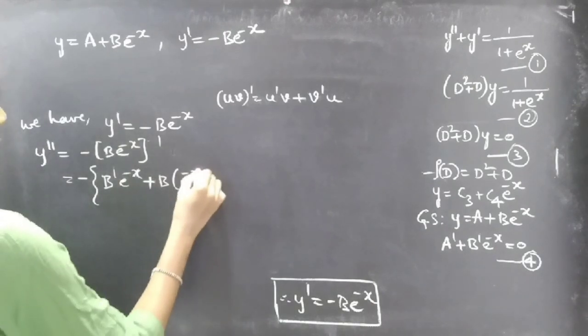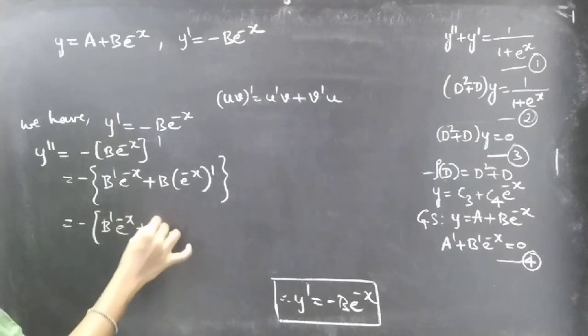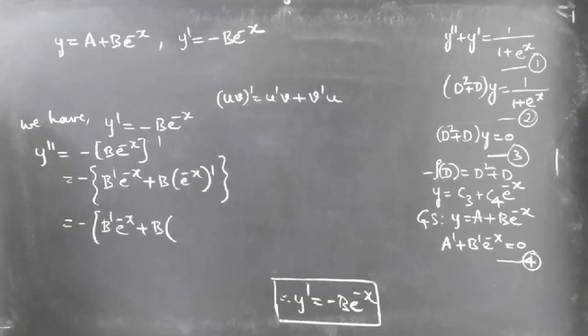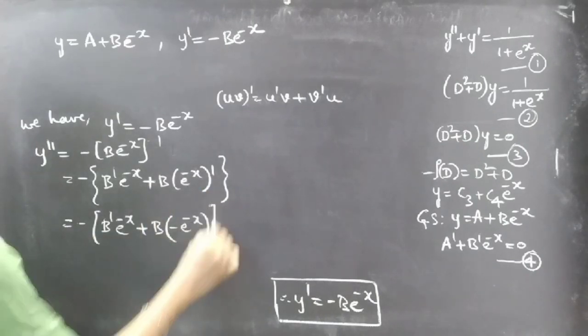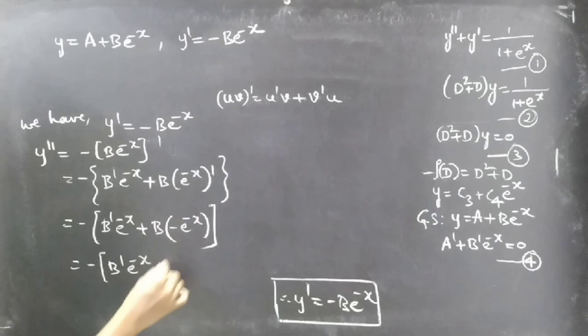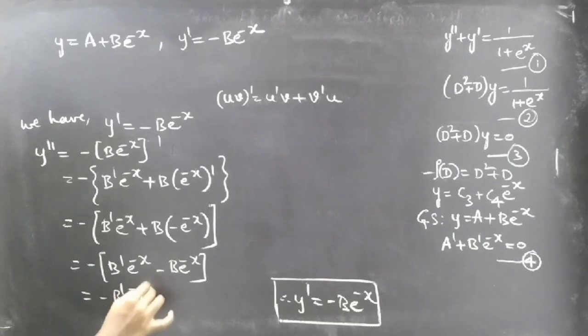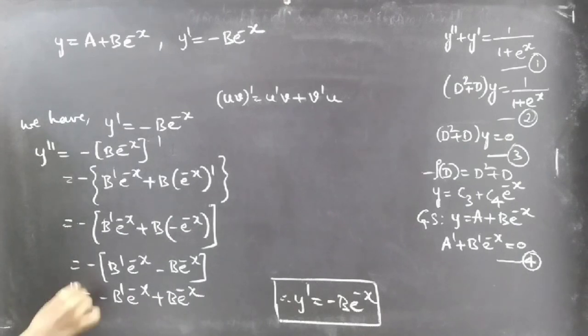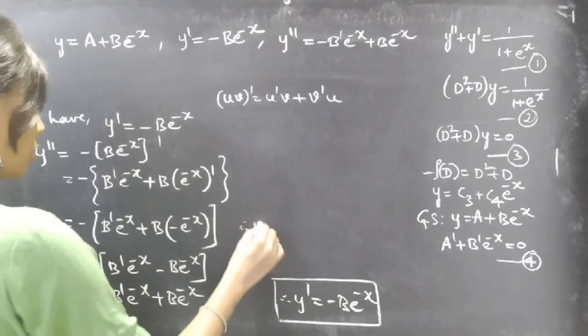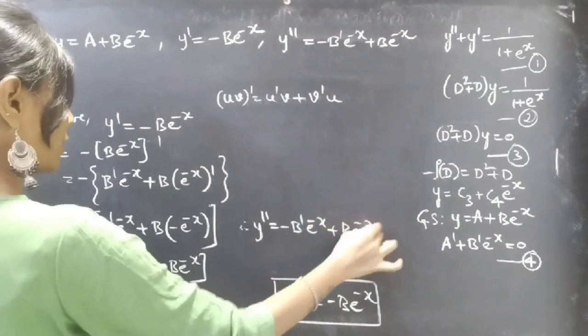Plus b into e power minus x whole dash, which gives us minus of b dash e power minus x plus b times derivative of e power minus x with respect to x is minus e power minus x, which gives us minus of b dash e power minus x plus into minus minus b e power minus x, which gives us minus b dash e power minus x minus into minus plus b e power minus x. Okay. Therefore, y double dash equals to minus b dash e power minus x plus b e power minus x.